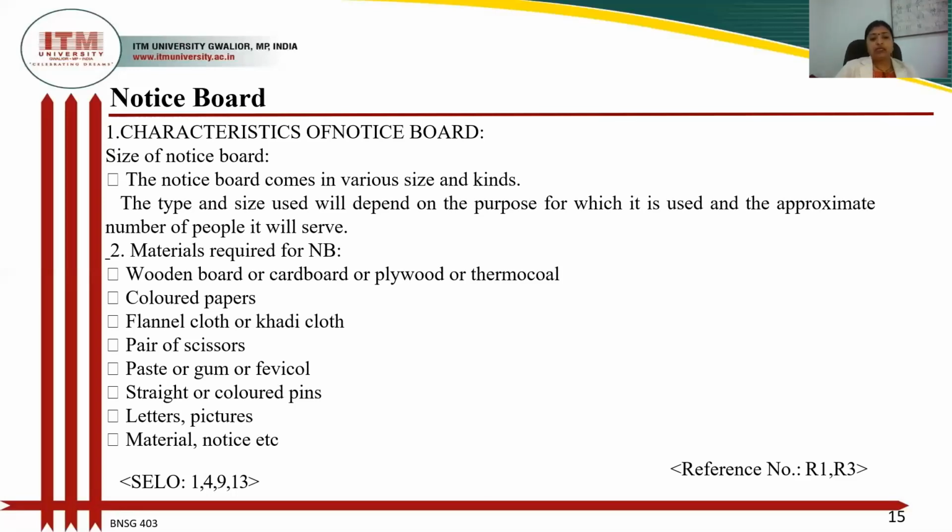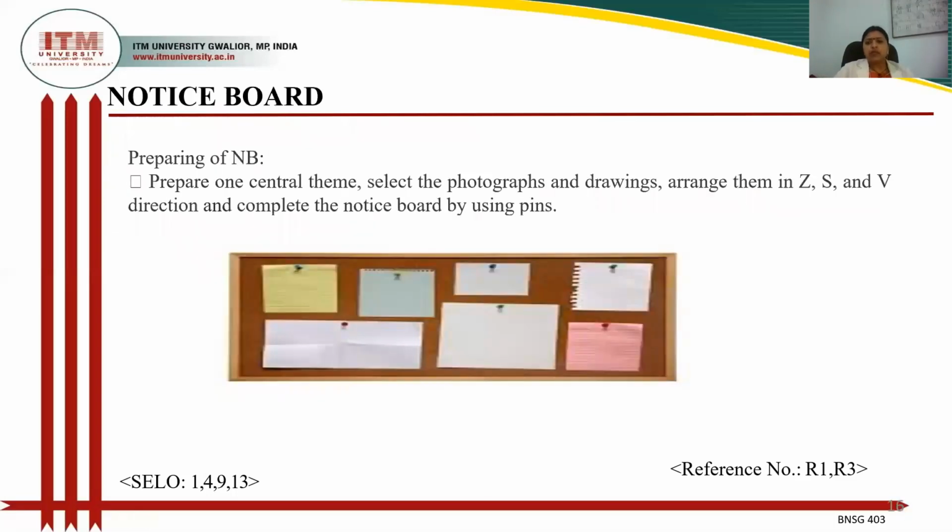Then a pair of scissors, and paste, gum, or Fevicol. Then we need straight or colored pins to fix the notices. Then some letters, pictures, or material we intend to display on it. Here is an example of a notice board; you can see the picture here.